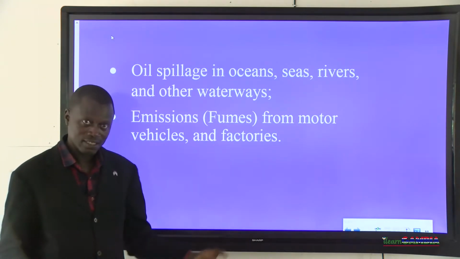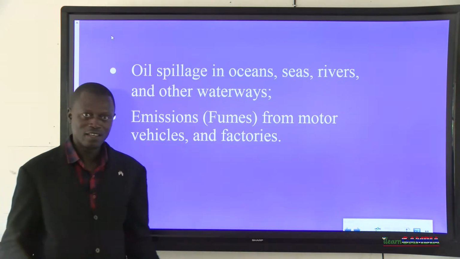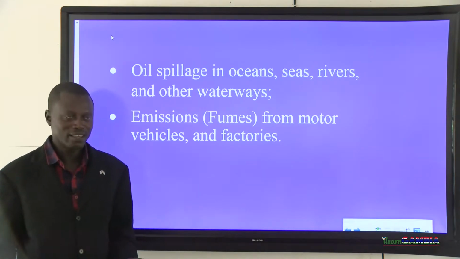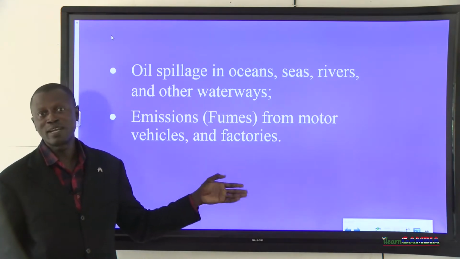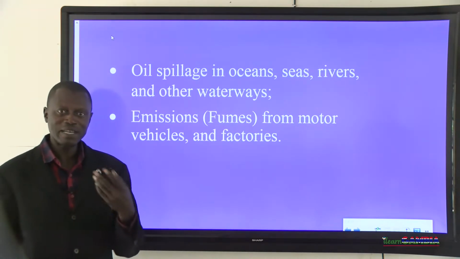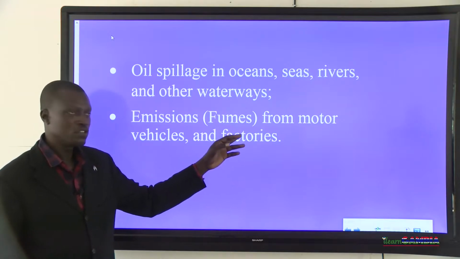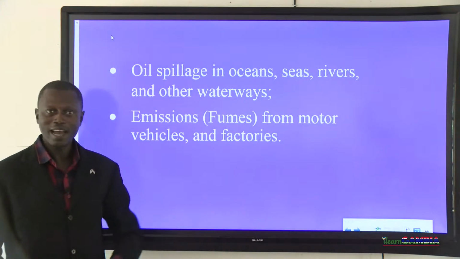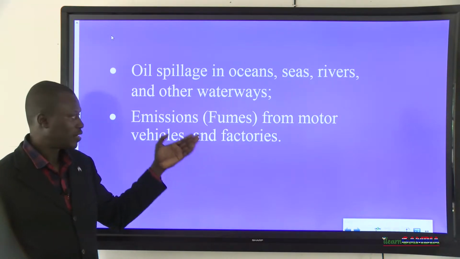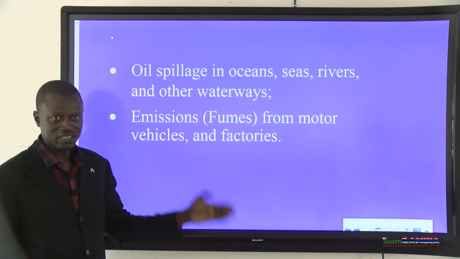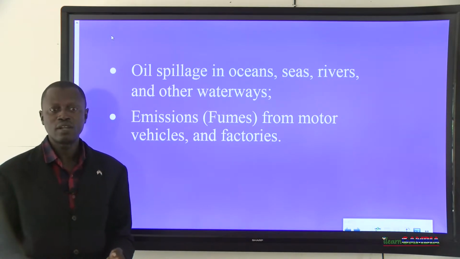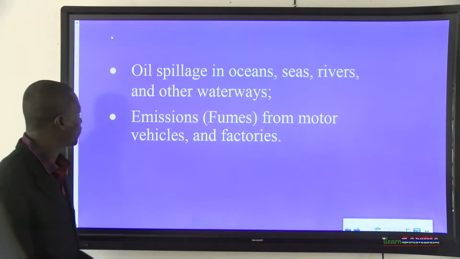Now, factories is another. If you move to Gambega, which is a brewery factory, Gambega is one example of a brewery factory where you will be seeing fumes from the chimneys of their machines. And those fumes usually go into the atmosphere. And at times, part of the refuse from those factories is usually dumped at a site which is not environmentally friendly at all.